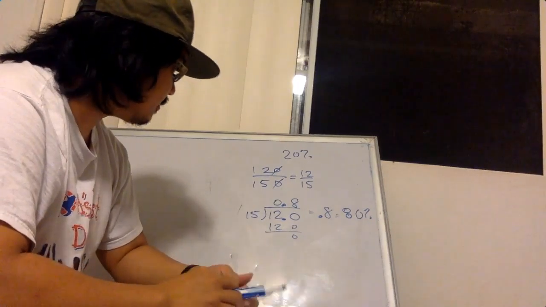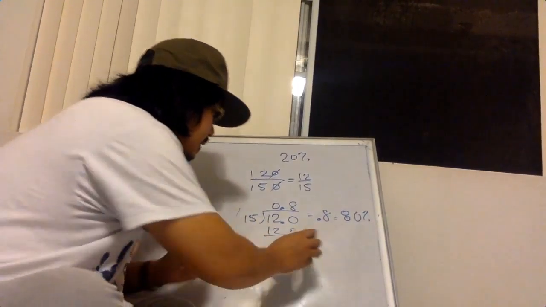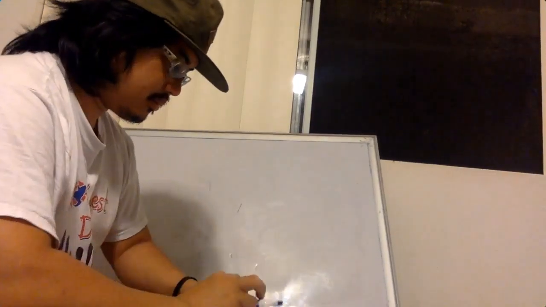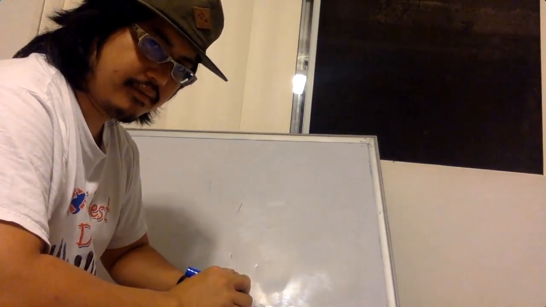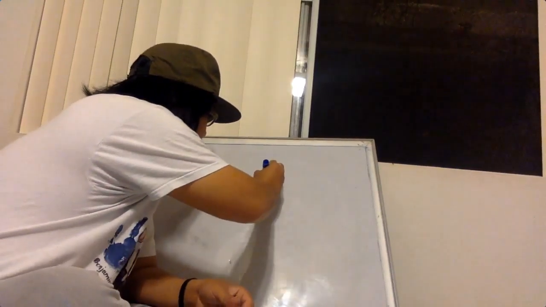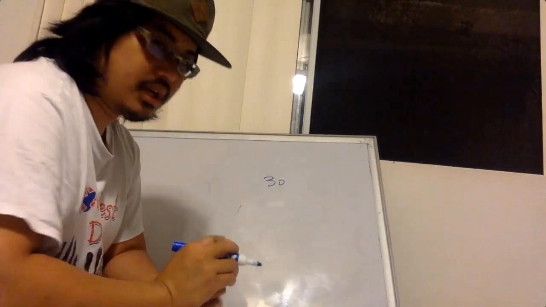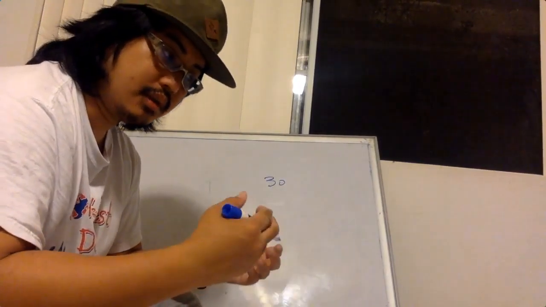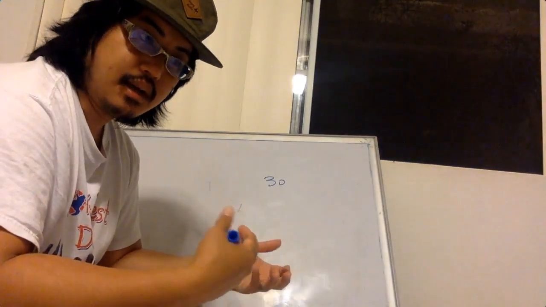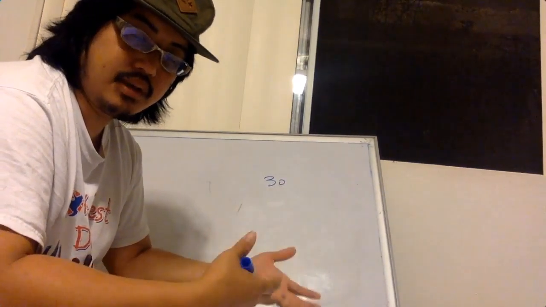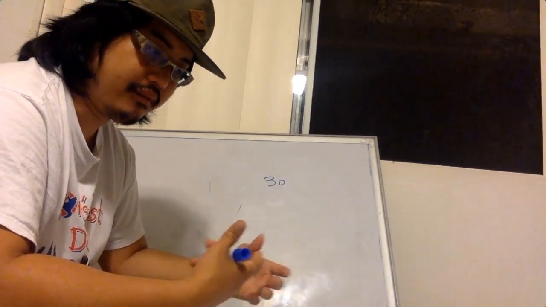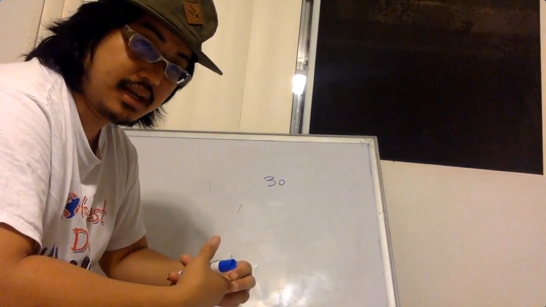The other way to do this is actually the way the book did it. They said, well, how much money did you save? I saved $30. Where did I get $30 from? Well, 150 minus 120, because 150 is how much it's worth, 120 is how much you paid for it, so you paid $30 less.